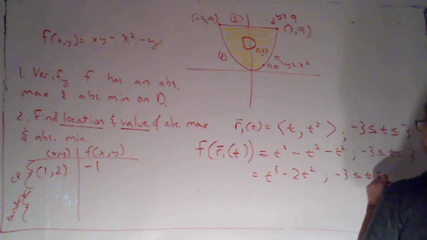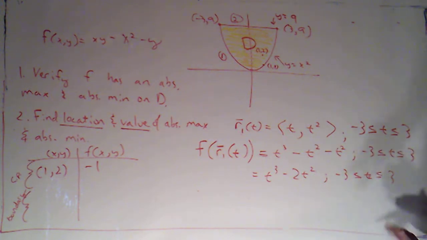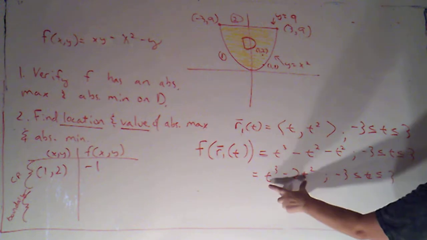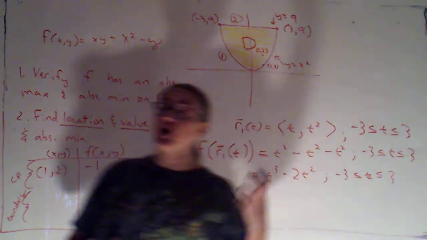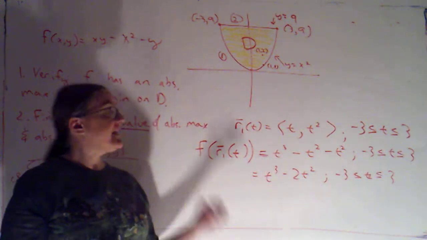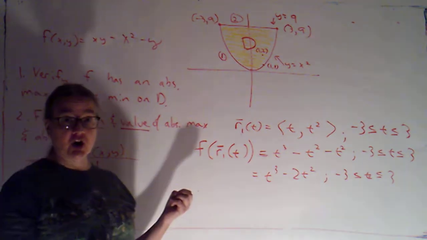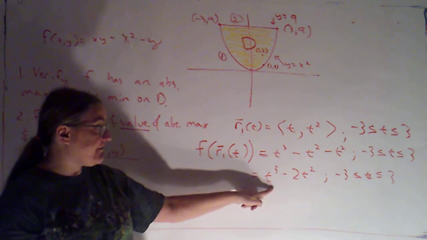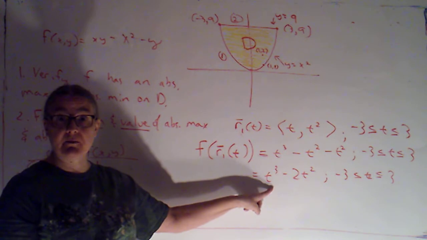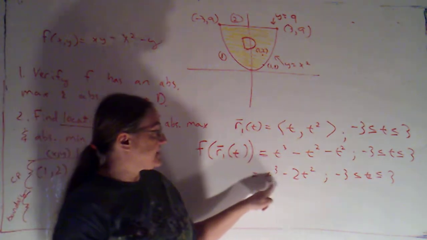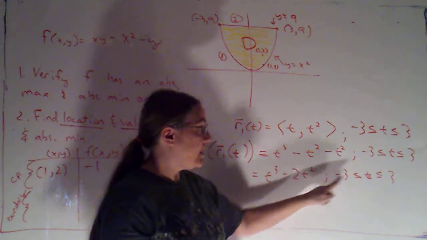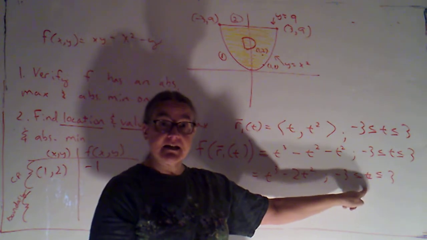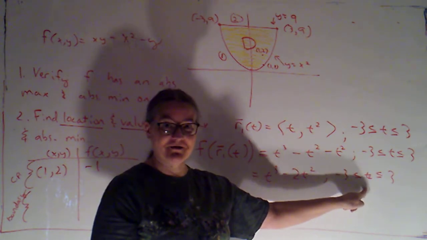Now notice, when I apply f just to the boundary curve, if I've parametrized that curve, I'm actually getting a function of one variable. This function is continuous. We are working on a finite closed interval.